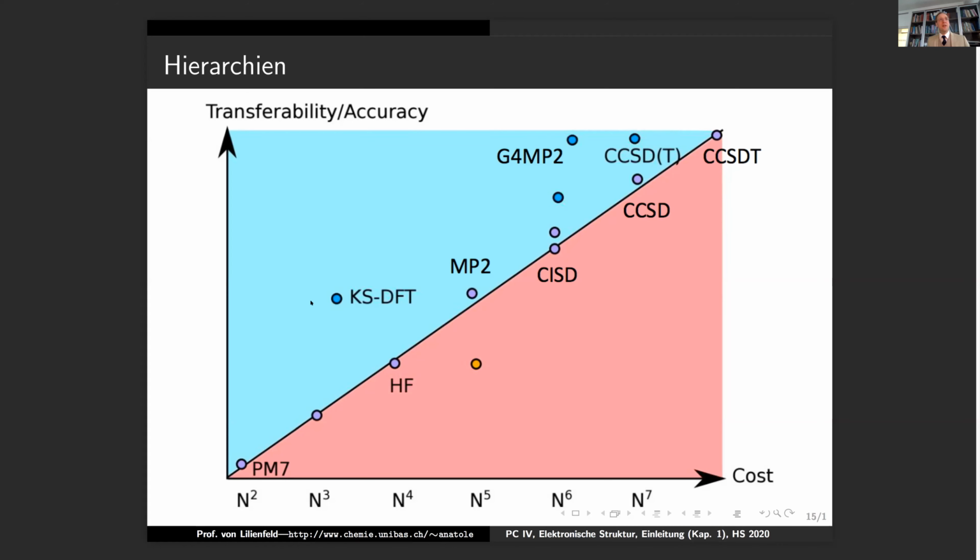DFT, density functional theory, here with the prefix Kohn-Sham, is a special case because for a constant cost, it gives you an extraordinary amount of accuracy, that is something you would certainly like to exploit, right? That's basically a free lunch.